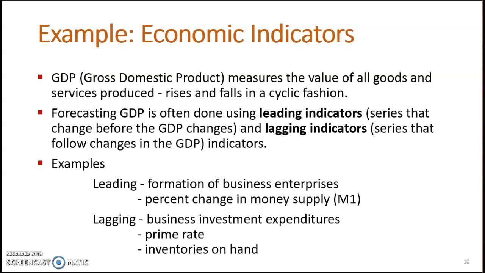Lagging indicators are series that follow changes in the GDP, such as business investment expenditures, prime rate, and inventories on hand. How much inventory you are going to hold will also depend on the prediction or the indicators of what the GDP is going to be. Is the GDP going to be better, or is it going to be worse? Then obviously you will move your business according to these indicators.